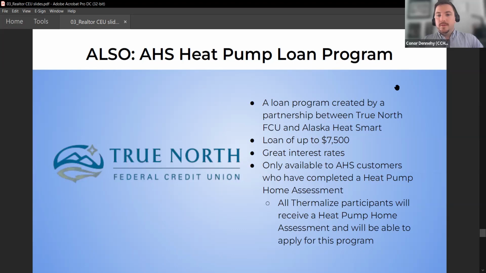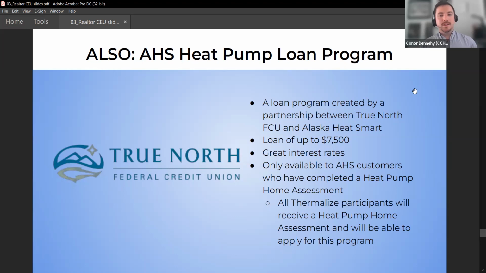And then relatively recently, we've got the heat pump loan program. So that's a partnership between the True North Federal Credit Union and Alaska Heat Smart. And so this is a way of trying to increase that market adoption of heat pumps. And so we can finance people to get the heat pumps in their house. And so that's a great way, because a lot of people don't want to spend a large deposit essentially on a relatively unknown technology to them.